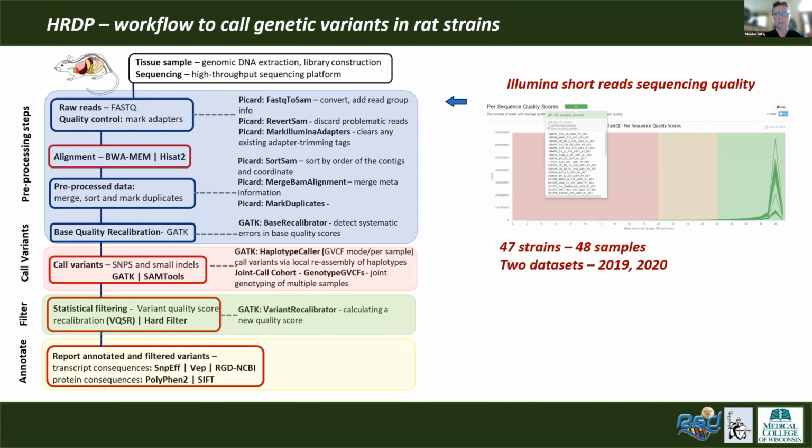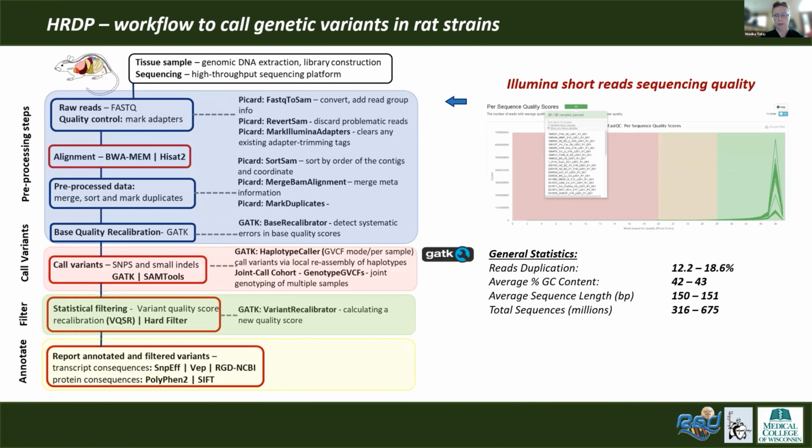We received two data sets in 2019 and 2020. The quality of the data is pretty good, no problems with that. The only problem we have is up to 19% duplication. As we aim to have at least 30x coverage per strain, that could be problematic.